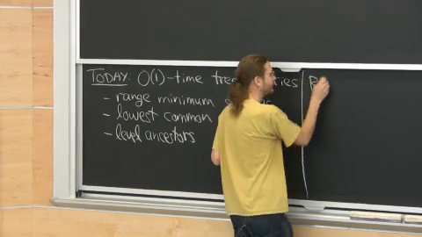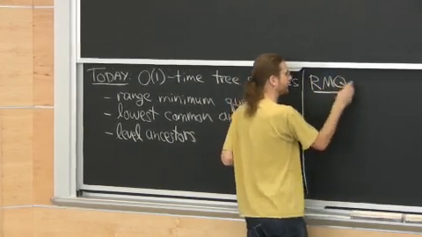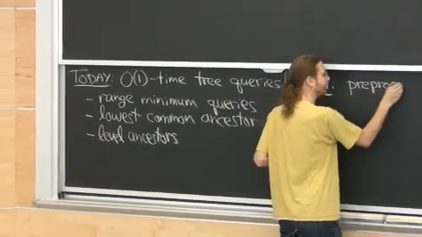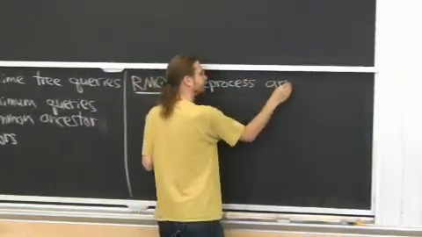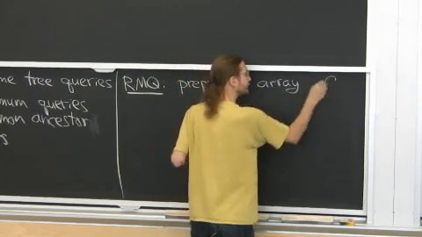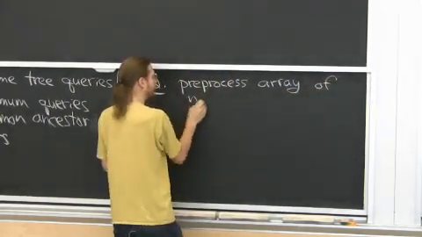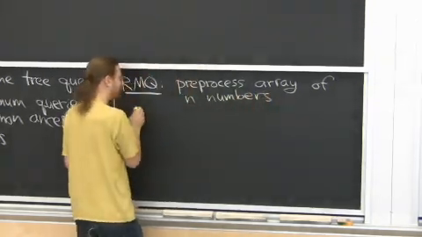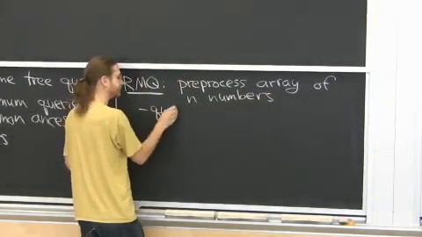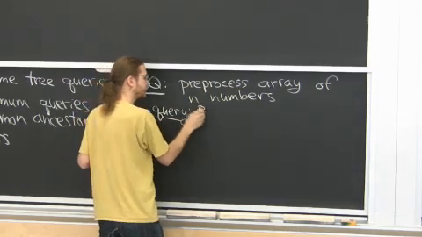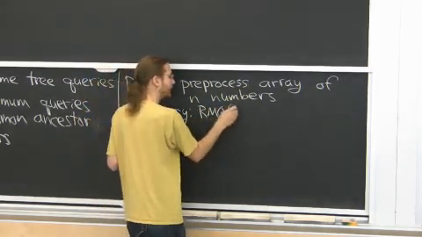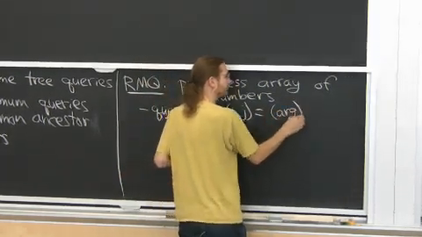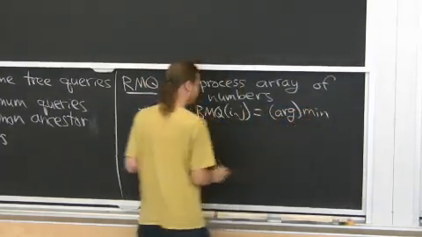Range minimum queries. You're given an array of numbers. And the kind of query you want to support, we'll call RMQ of i, j, is to find the minimum in a range.